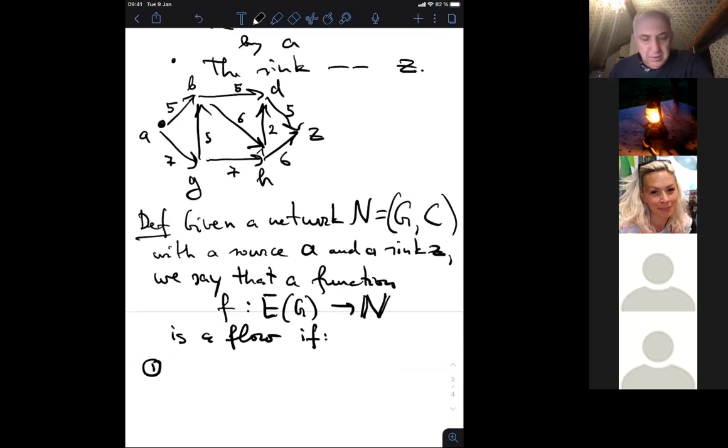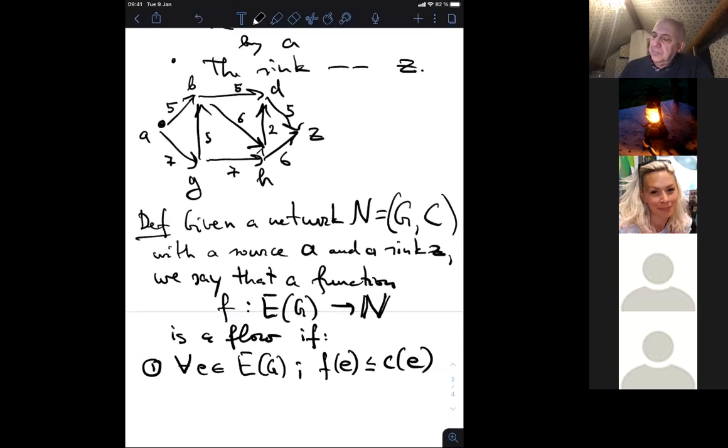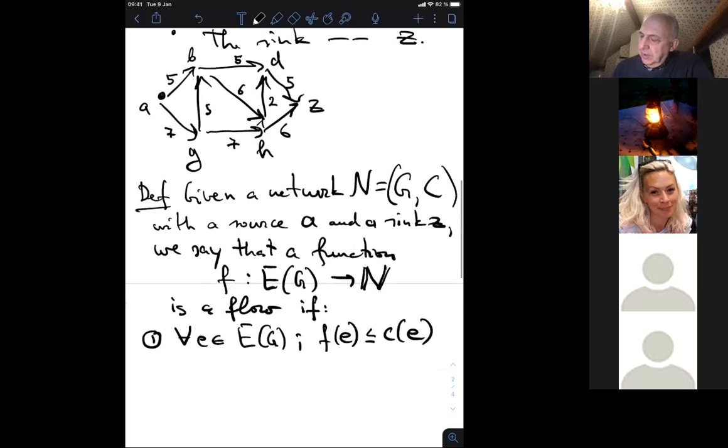First of all, for all edges in the set of edges, the flow through this edge is at most the capacity of this edge. We cannot exceed the capacity. We cannot put more water in a small tube.